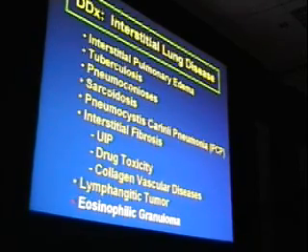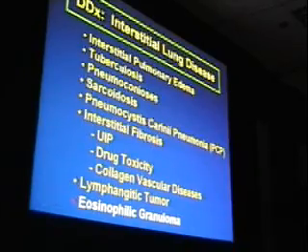Now, if you look at this particular differential, it's actually constructed in a way, if you memorize it in this order, that should be helpful to you. That is, the most common thing that you want to think of first is interstitial pulmonary edema. The remainder of these, as you'll notice in a moment, are given to you in the order in which you may see them on the chest film.